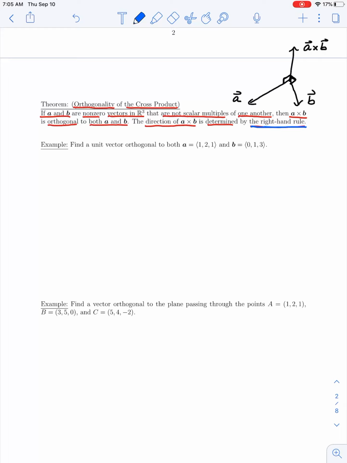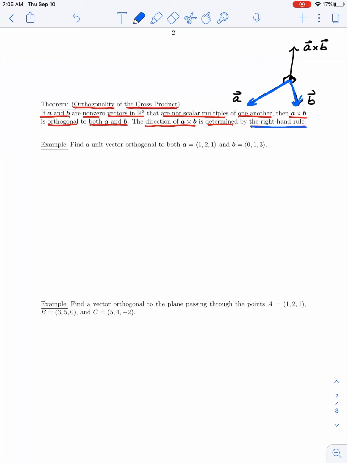With your right hand, imagine sticking out your index finger and your thumb into sort of an L shape, and imagine placing your index finger along the length of this vector A, and place your thumb in the direction of this vector B.